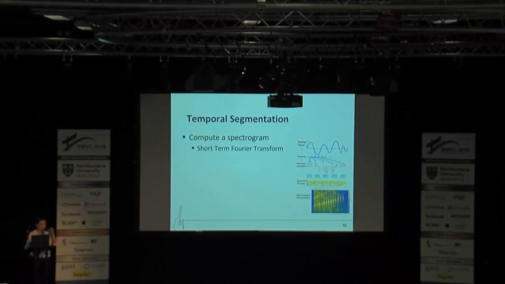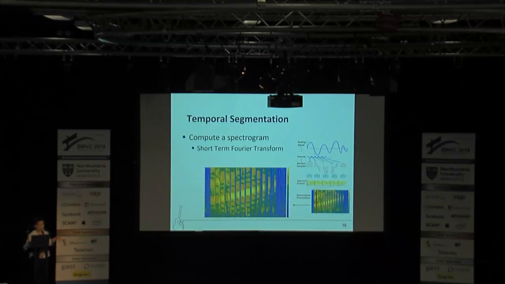So how do we do that? We use a spectrogram that uses a short-term Fourier transform. Short-term Fourier transform is actually just to break down the long signal into small temporal windows and apply the discrete Fourier transform we talked about earlier, and then to form some kind of a map, where every column in this map is a single Fourier transform.